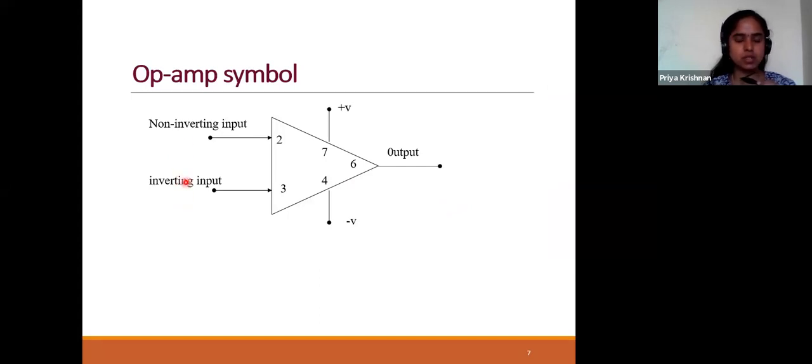Two pins on the input side, and one on the output side, that is the output pin. So two inputs, one output, and two pins are given in op-amp for the power supply. One is to connect the positive side of the power supply, the other the negative of the power supply. So to remember the symbol of op-amp, we have two inputs, one output and two power supply pins.